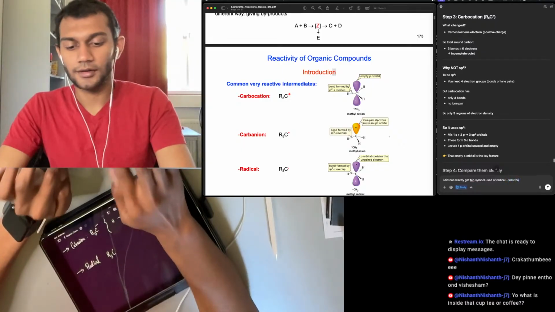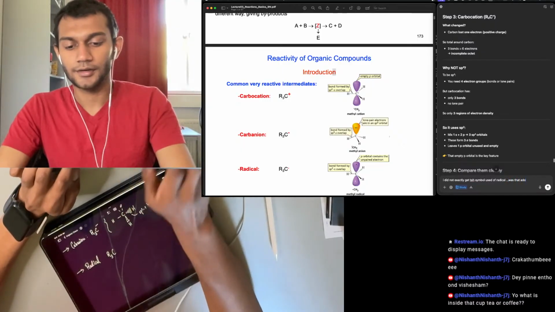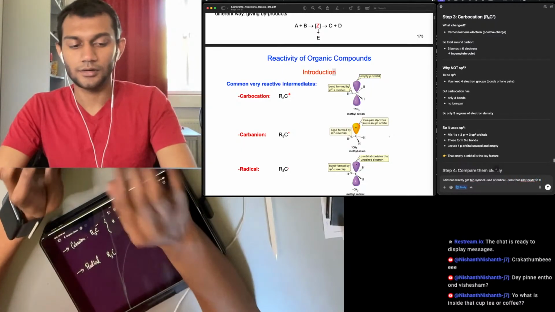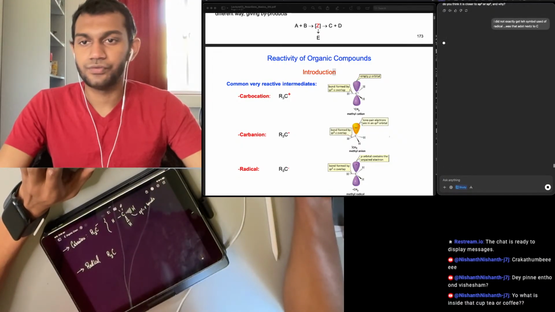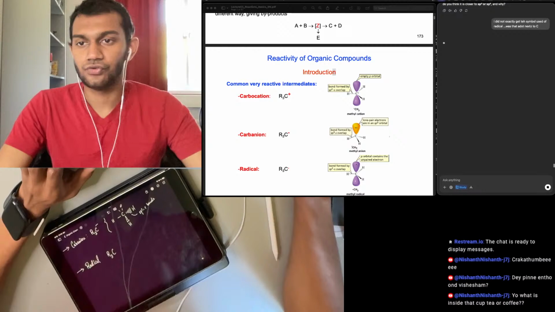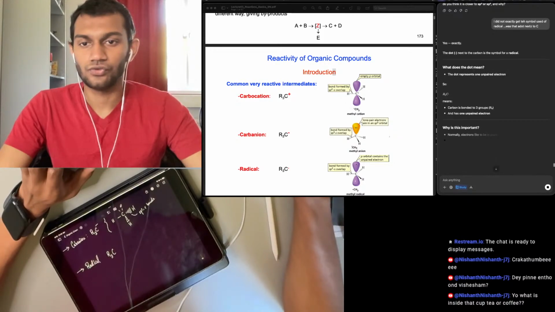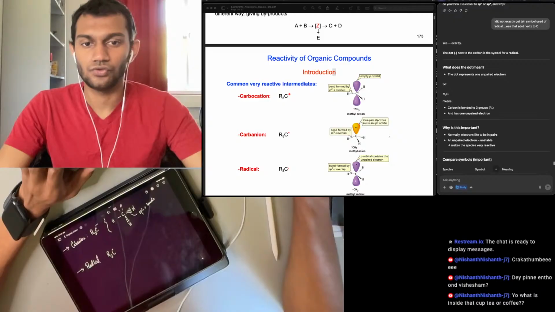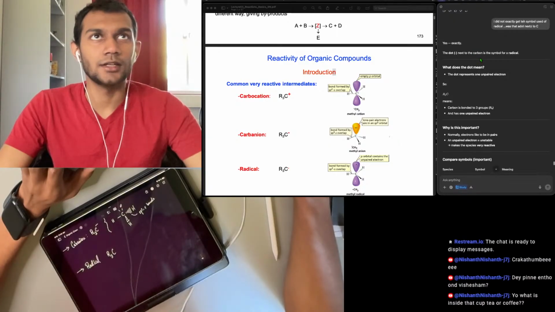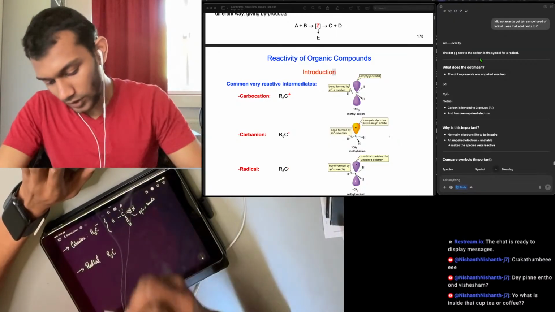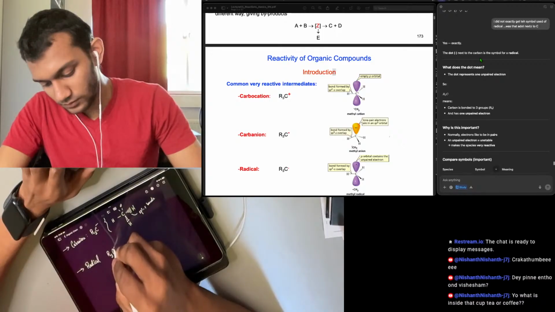Was that a dot next to carbon? Yes, exactly, a dot. Okay, whatever you say, GPT. Whatever you say.